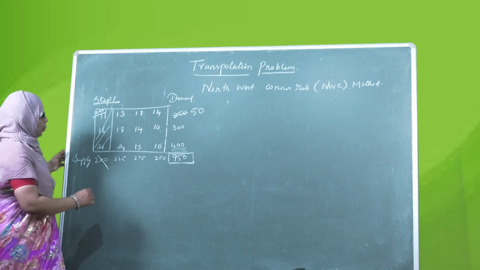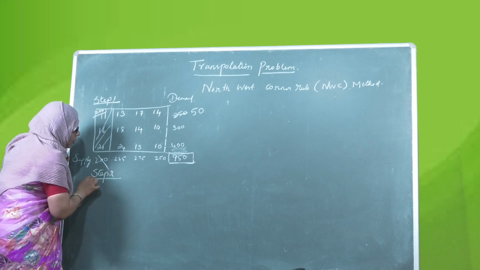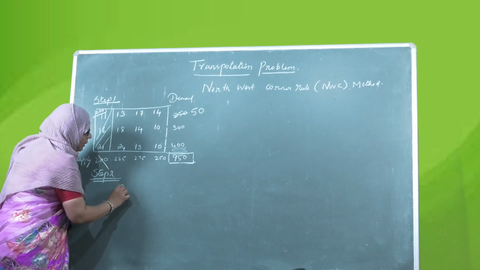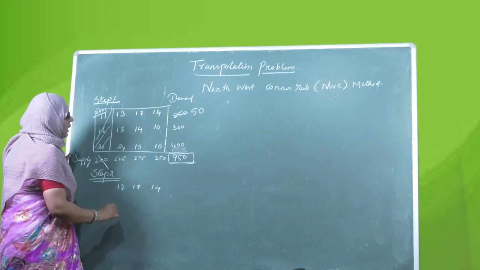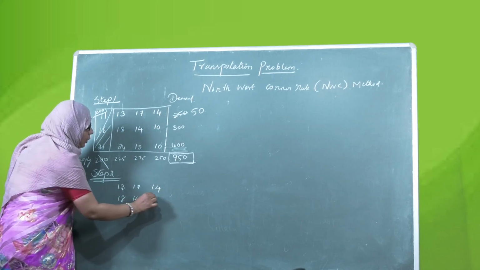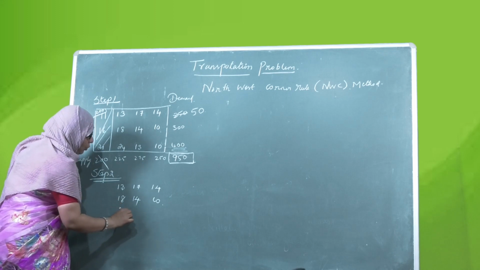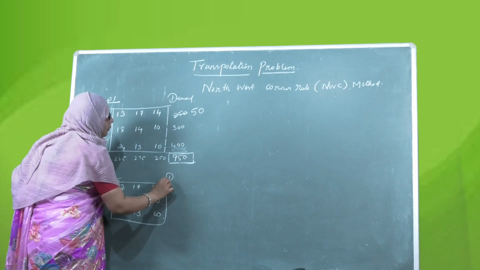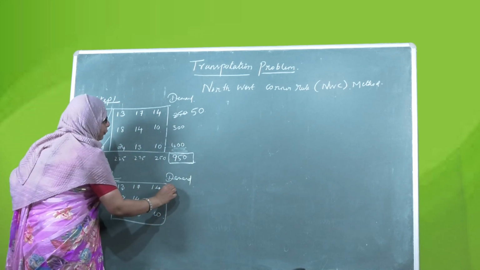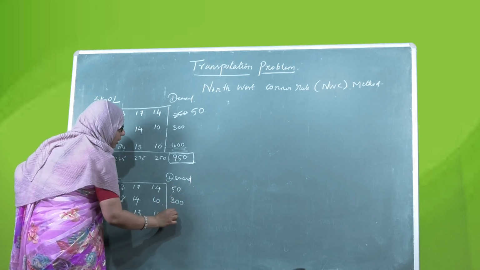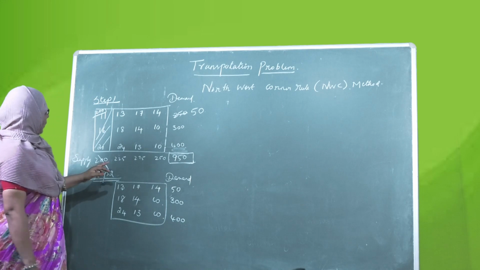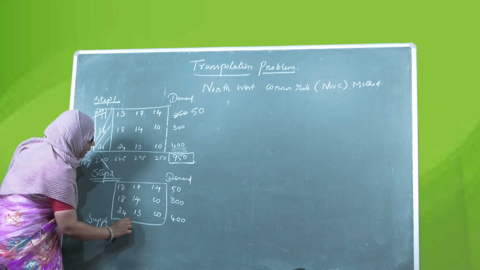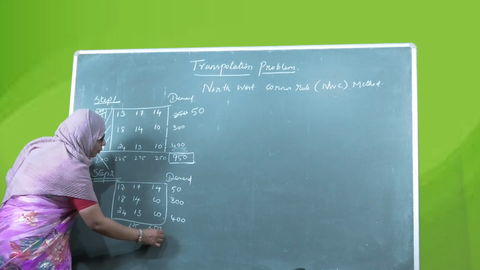Now move on to step 2. The remaining elements are 13, 17, 14, 18, 14, 10, 24, 13, 10. The demand is 50, 300 and 400, and the supply is 225, 275, 250.